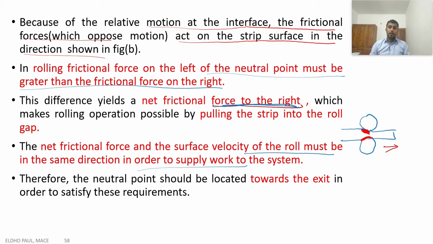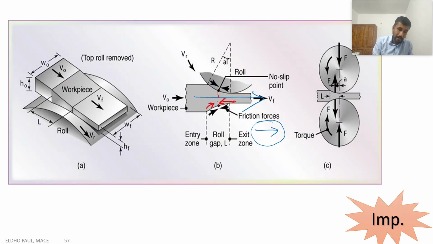Therefore, the neutral point should be located towards the exit in order to satisfy this requirement. This is also important: the neutral point is not at the center of the rolling gap. Actually, it is located towards the exit of the rolling gap, maybe here. If the neutral point is towards the exit, then only do we get a net friction force to the right.